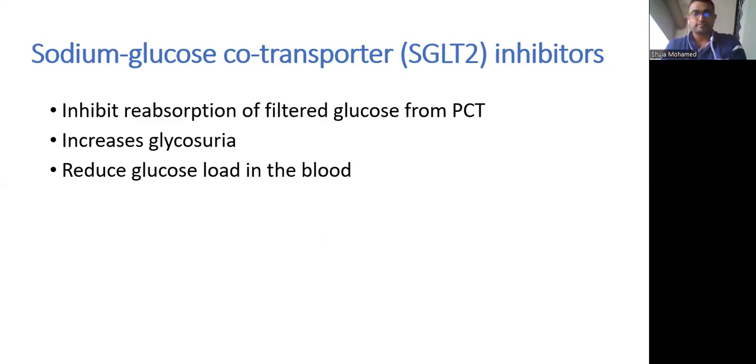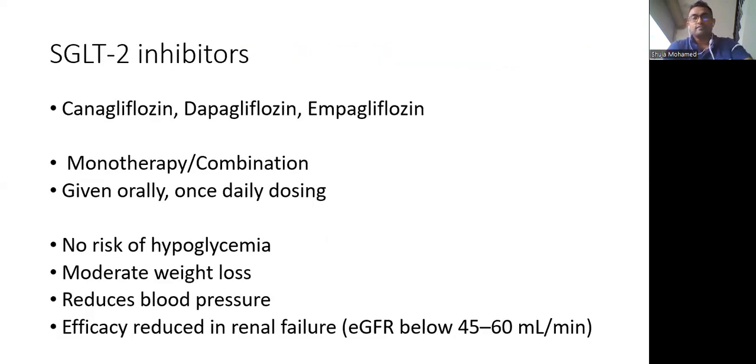The other drug class is the sodium glucose cotransporter inhibitors. During diuretics we have seen the physiology: there is glucose reabsorption from the proximal convoluted tubules. It blocks that, so it increases glycosuria, that means glucose in the urine, and reduces the glucose load in the blood. The drugs are empagliflozin, dapagliflozin, and canagliflozin.